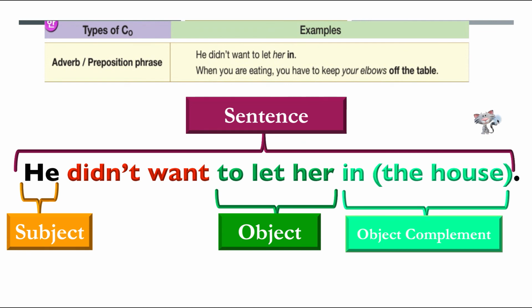So the sentence here is he, I know it's a long verb phrase, followed by, as he said, to let her is the whole object, that's the object, and then here the preposition is the object complement.